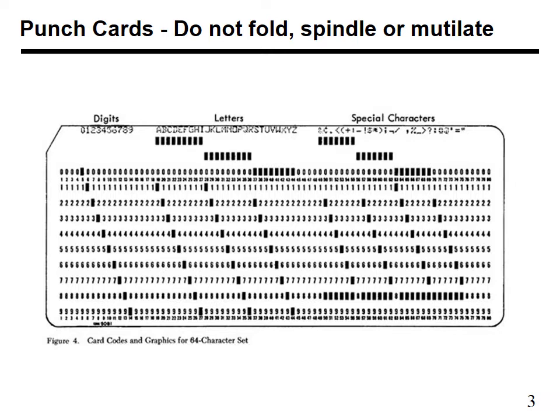You can see on this card, they've indicated the punch holes that indicate the digits from 0 to 9, the letters from A to Z, and the special characters like greater than, less than, period, comma, semicolon, etc. Basically, this is set by column.